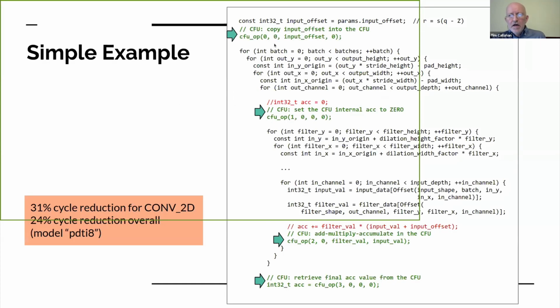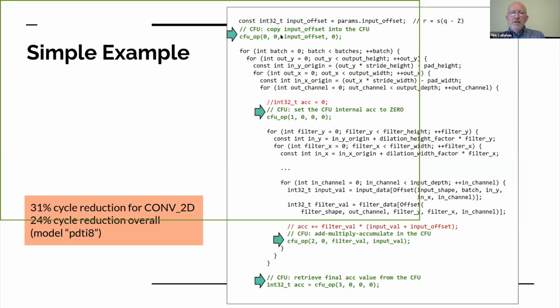And this is how the modified code looks like. You know, I didn't realize till after I made this slide that we could actually combine these two, but actually it's a little bit different because input offset is really constant for the entire routine. So you would just move that in once, but then you actually have to zero the accumulator multiple times, each time you enter this inner loop nest.